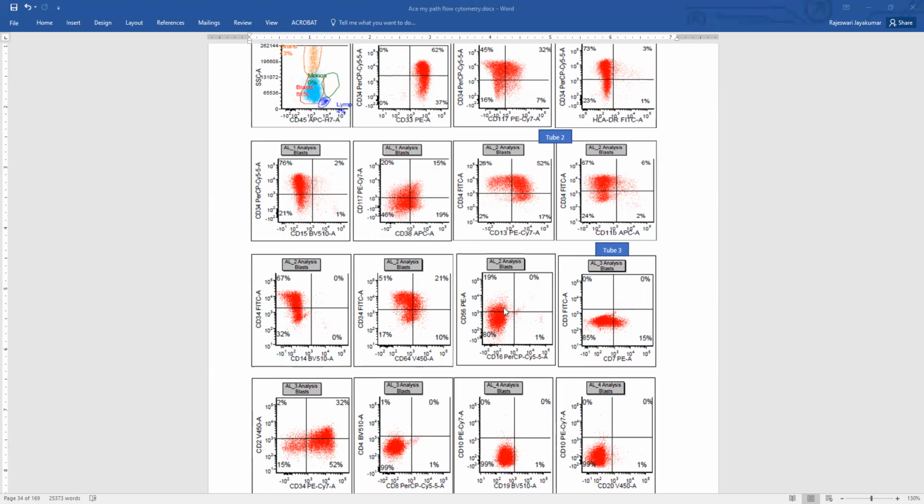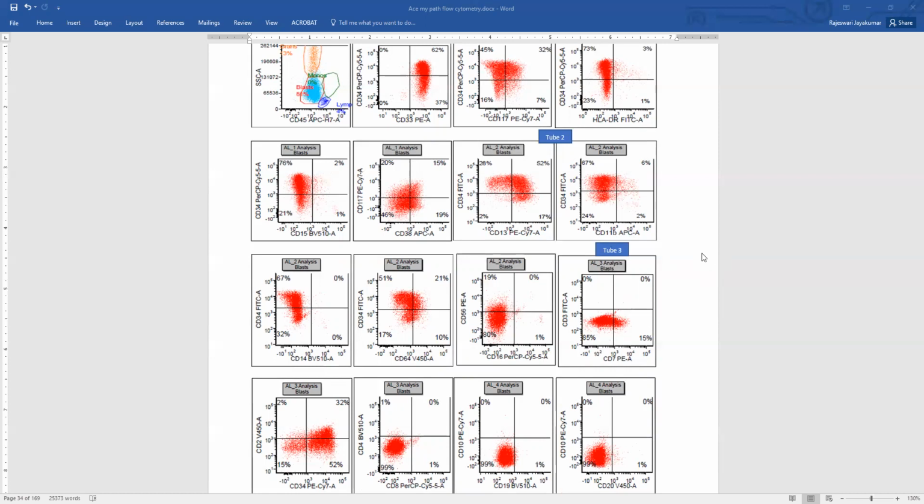Our CD56 is usually noisy, so we consider this as negative. But otherwise, they are negative for B and T cell markers. So the take-home point here is, again, like acute promyelocytic leukemias, these microgranular variants will have high side scatter, bright CD33, and negative HLA-DR, but they can also have partial CD34 expression and dim CD2 expression.